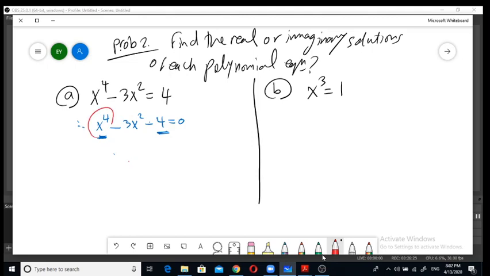We have x power 4, and we have studied before that x power 4 is equal to x power 2 all squared. So we can assume that x squared is equal to another variable.